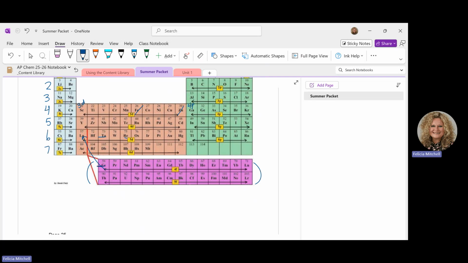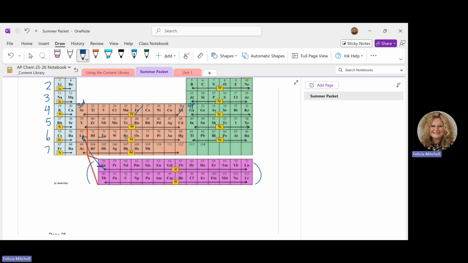So you're going to say 6s, and then 5D, and then 4F. So the Fs go back 2 numbers. We don't do F block filling. It can get pretty confusing.